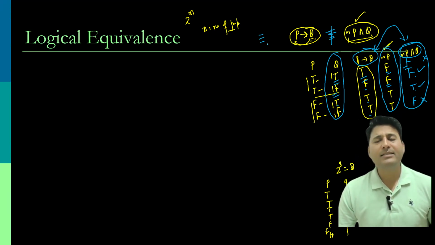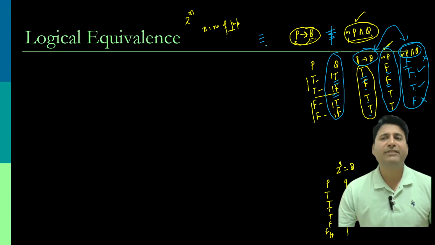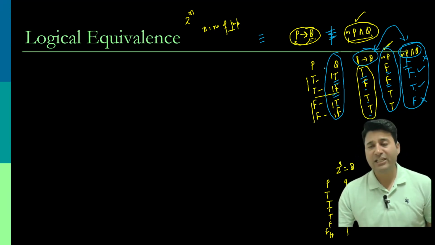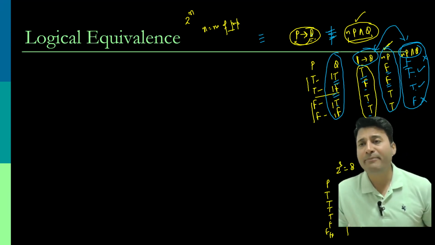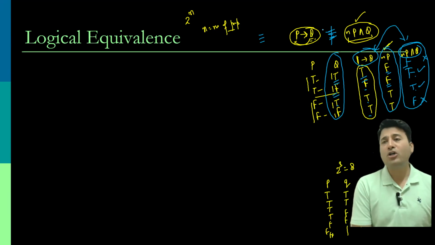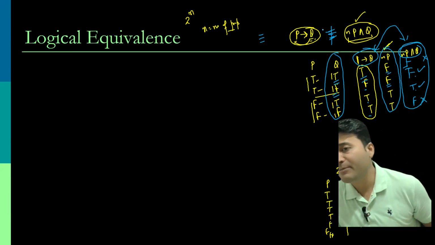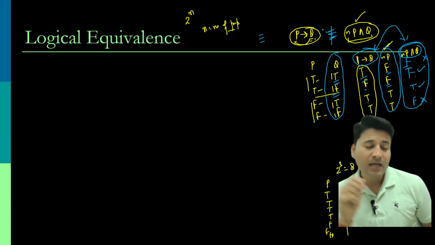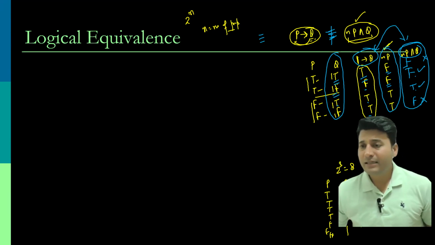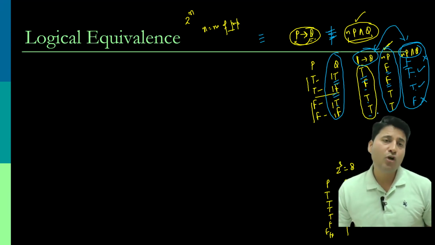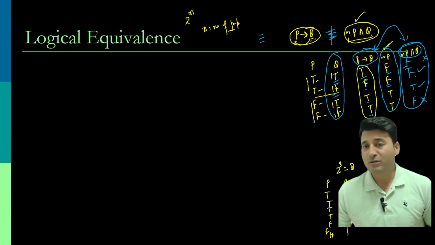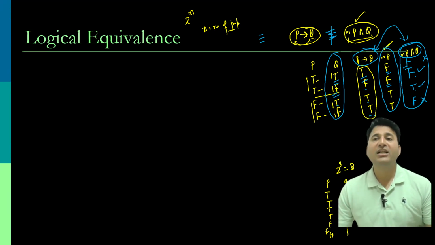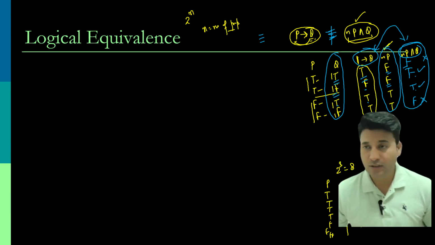Three parallel lines, symbol for equivalence. If I cross it, not logically equivalent. So I can say negation P implies Q is not logically equivalent to negation P and Q. Understood? Now, this is how we can check whether two compound propositions are logically equivalent or not.